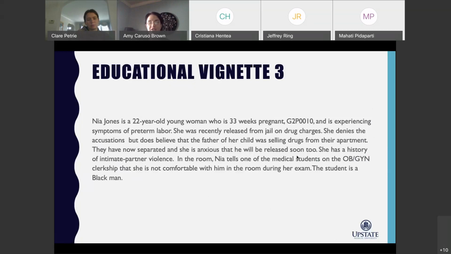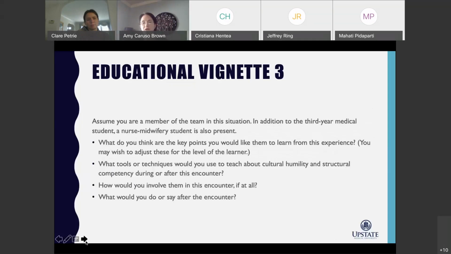In the room, she tells the medical student on the OBGYN clerkship that she's not comfortable with him in the room during her exam. And the student is a man and is Black, which the student brings up later. So if you're a member of the team, in addition to the third year medical student who was asked to leave, there's also a nurse midwifery student who's present.